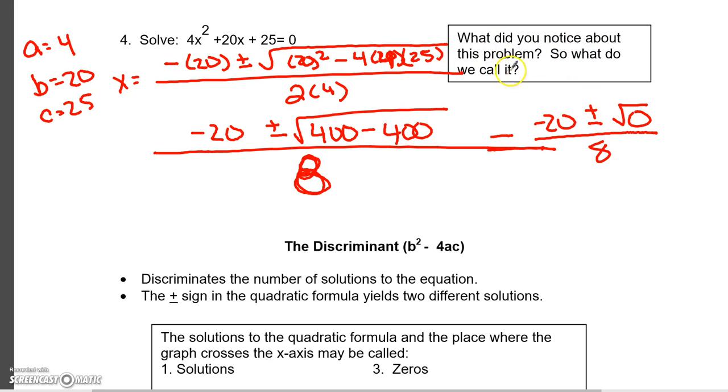It says, what do you notice about this problem? So what do we call it? Since it has a square root of 0, it's just going to be 0. So it doesn't matter whether I add 0 or subtract 0, I'm still going to get negative 20 over 8.